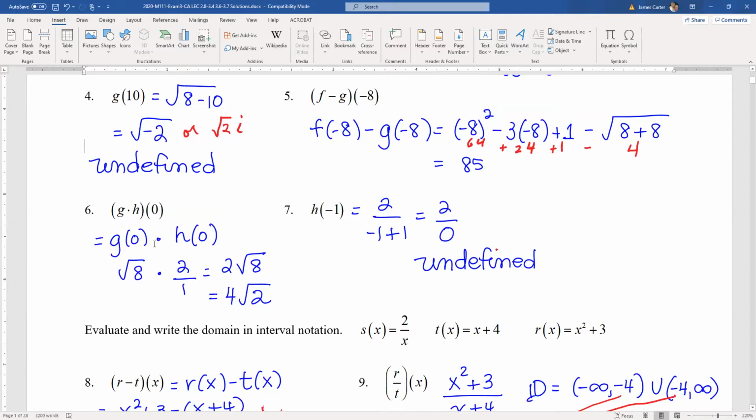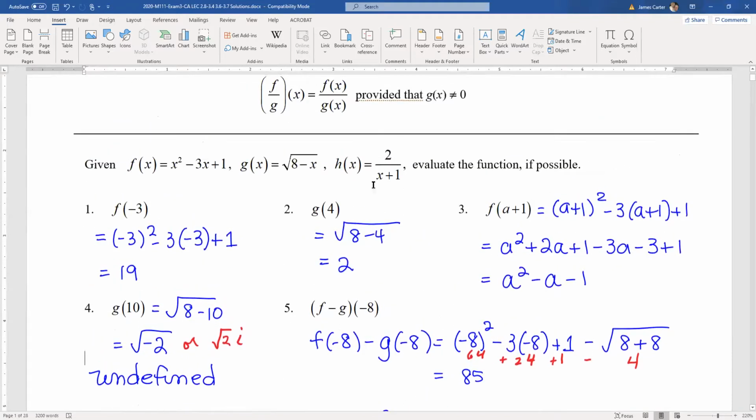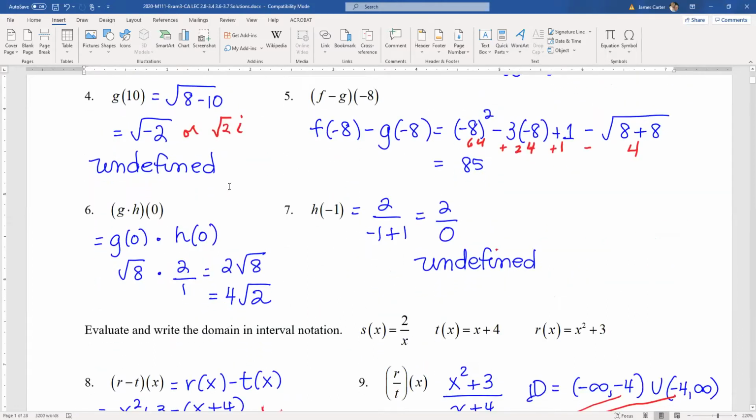Okay, on number 6, we're going to multiply these two if x is replaced by 0. So g, if x is replaced by 0, we get square root of 8 for g. And f, we would get 1.